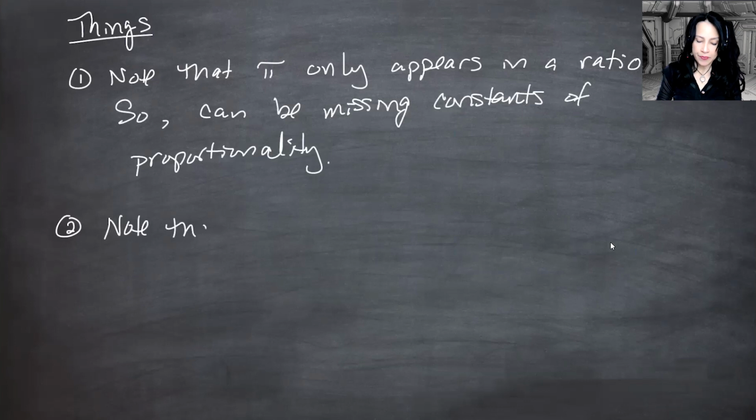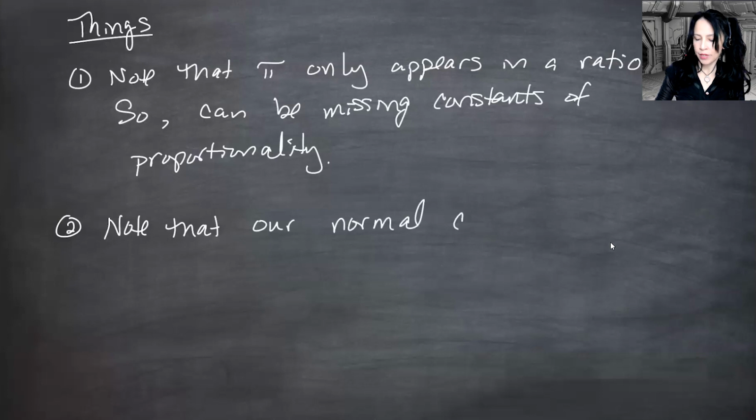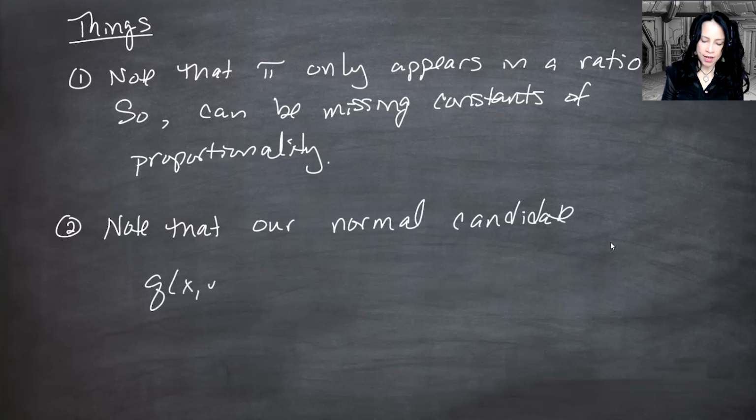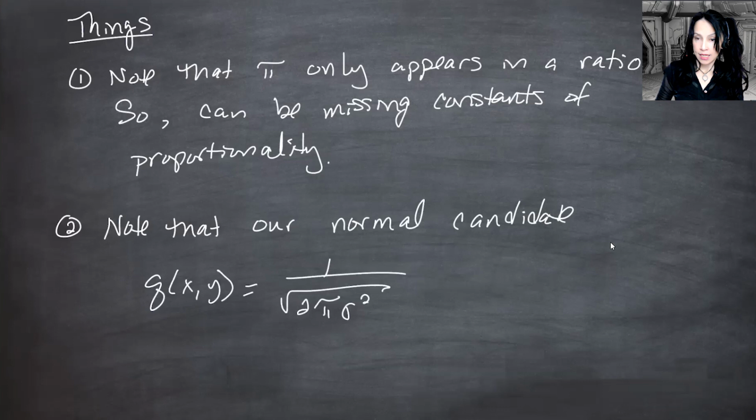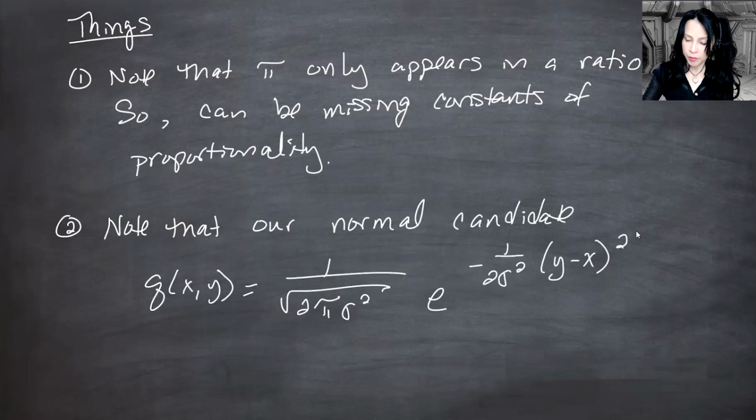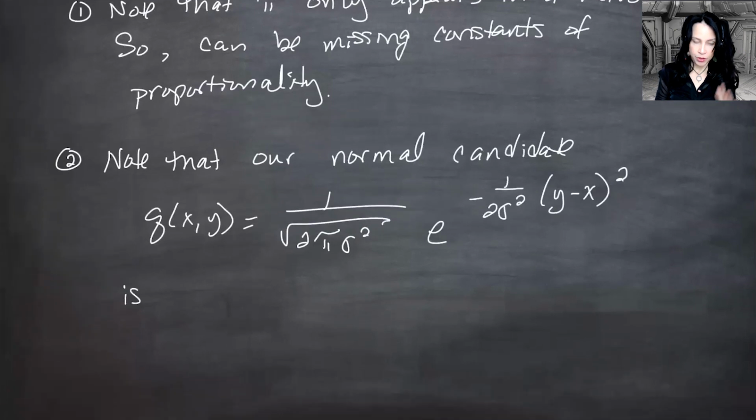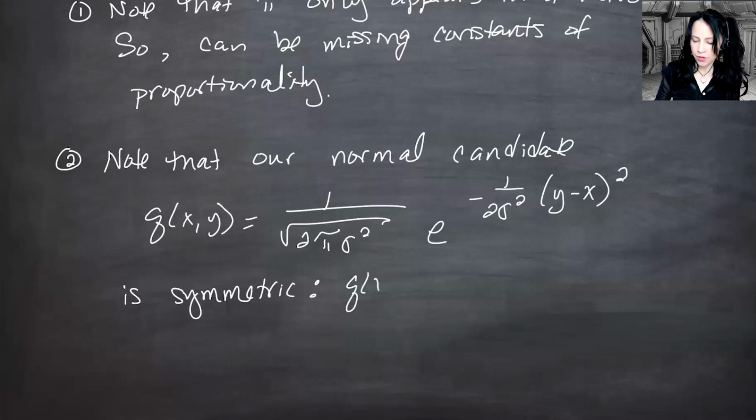But note that our normal candidate that we wrote down before was q(x,y) equals 1 over the square root of 2 pi sigma squared, e to the minus 1 over 2 sigma squared, (y minus x) squared. So we're going to draw y from a normal distribution centered at x. This is symmetric, and you can switch the x and y, i.e., q(x,y) is the same thing as q(y,x).